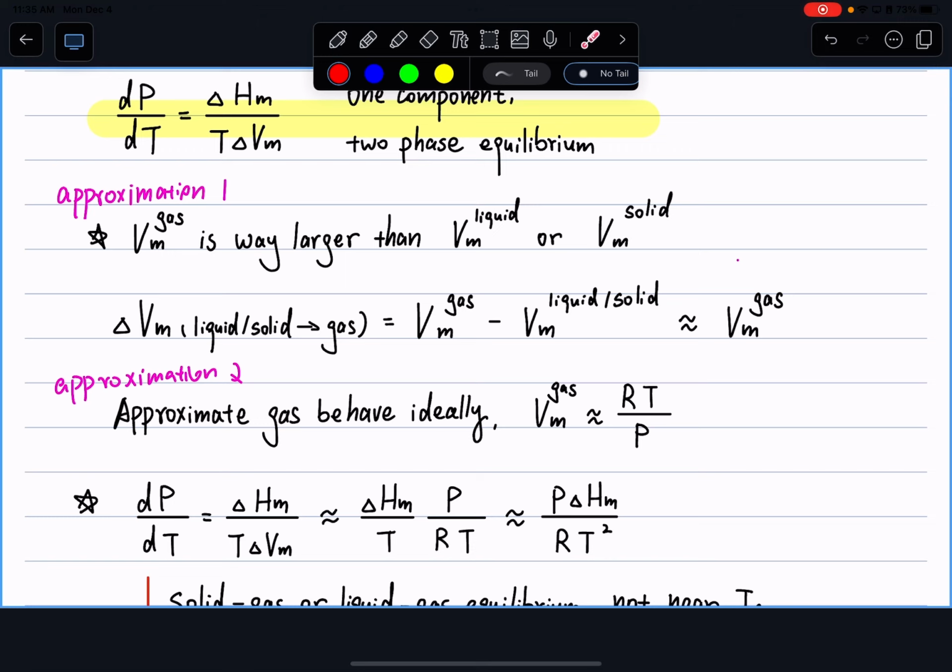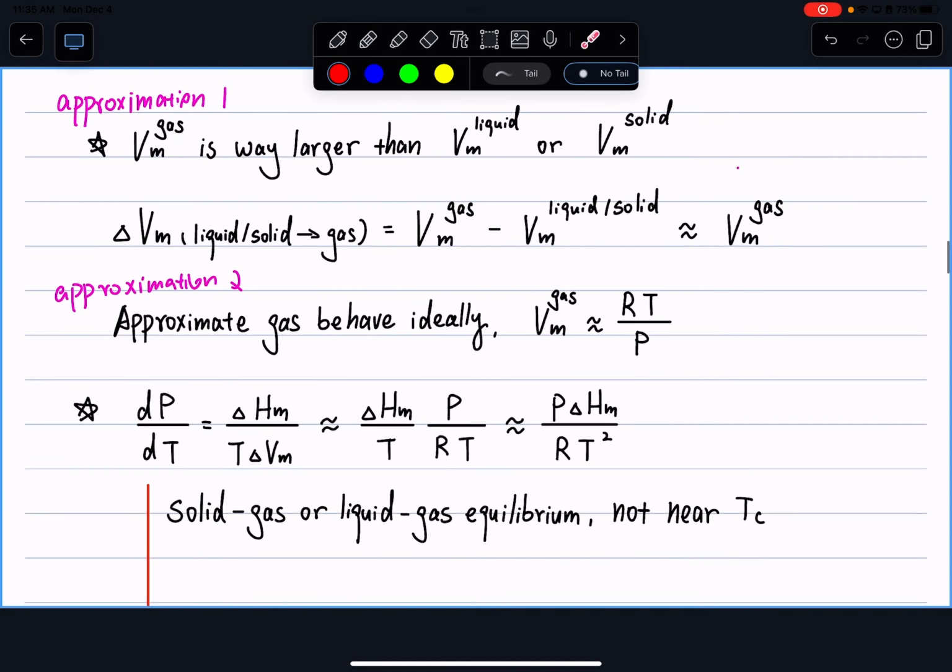Then your delta Vm of that process is roughly equal to the Vm of the gas. So this one should be pretty straightforward and intuitive. And next one, because we are approximating the gas to behave ideally, we're using the ideal gas law again. So PV equals nRT. Take out that n here. You have your Vm, the molar volume of your gas, equals RT over P.